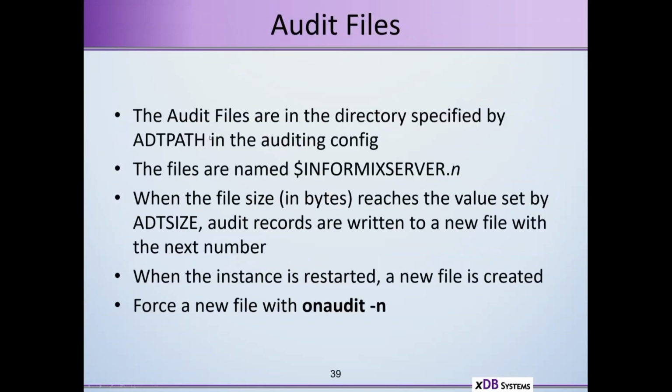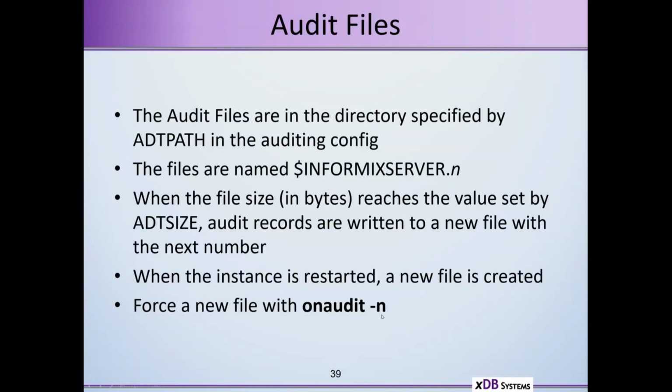Let's talk about the audit files themselves. These are placed in the directory we specify with ADTPATH. They're named the server name followed by a number. And when they reach that maximum size, we'll switch to a new file. But we can also force a switch to a new file with onaudit -n.